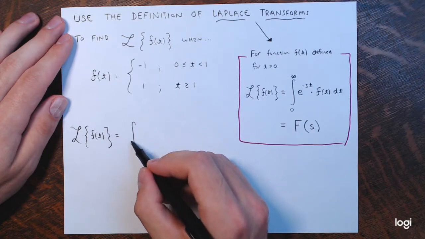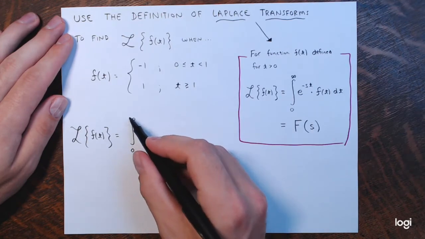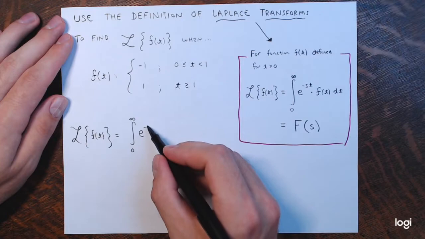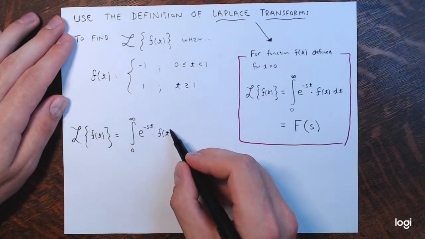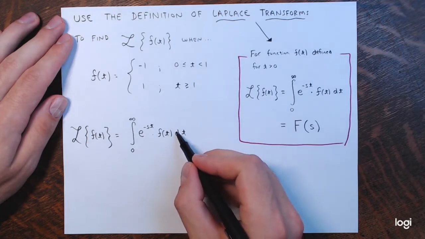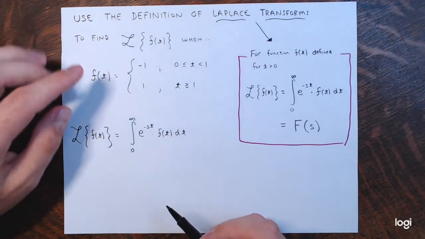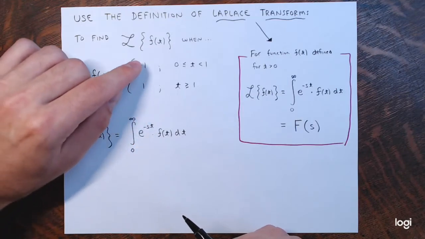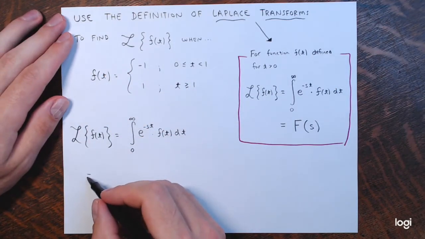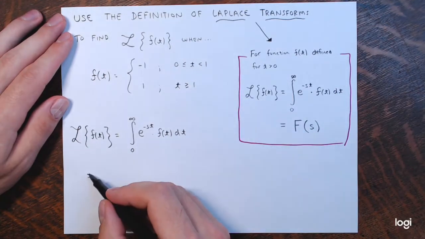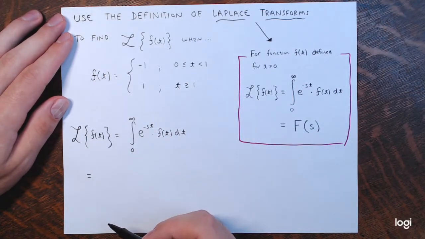is again the integral from 0 to infinity of e to the negative st times f of t dt. And since this function is defined differently on different intervals, what I'm going to do is break this up into those intervals and add those integrals.